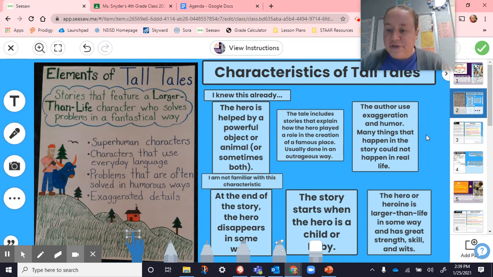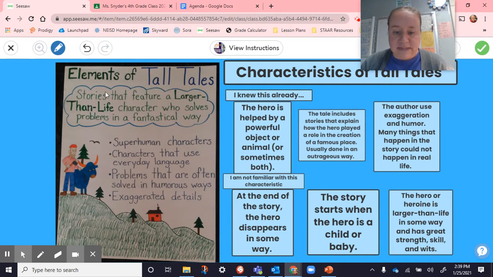The author uses exaggeration and humor. Many things that happen in the story could definitely not happen in real life. You'll for sure see that with our reading that we did today. And then at the end of the story, something happens to the hero. Sometimes they just disappear, they go away, they just kind of stop existing. The stories often start with the hero as a child or a baby.